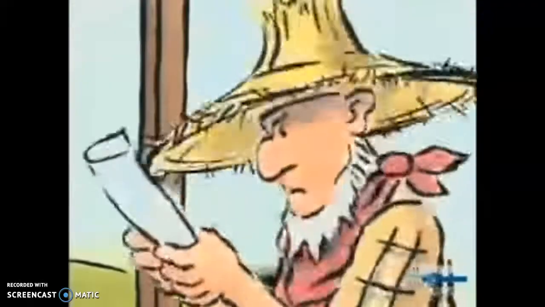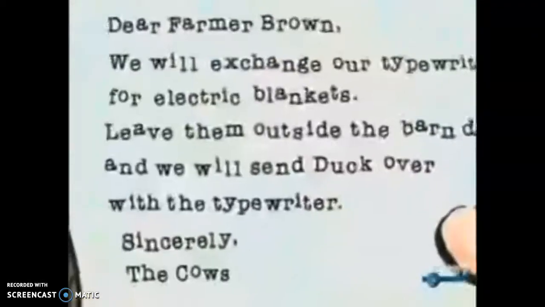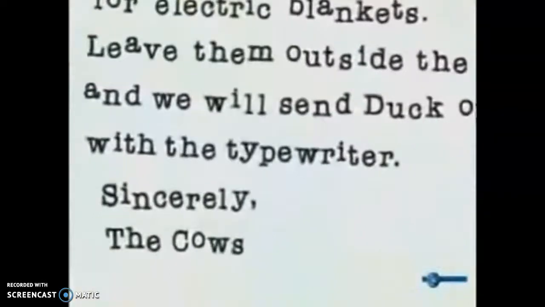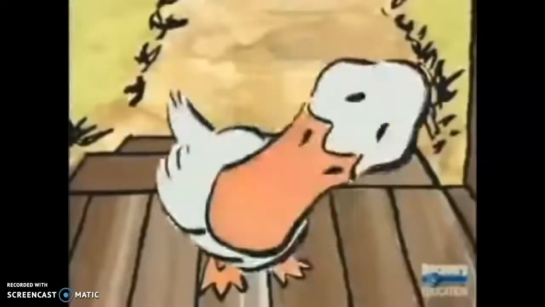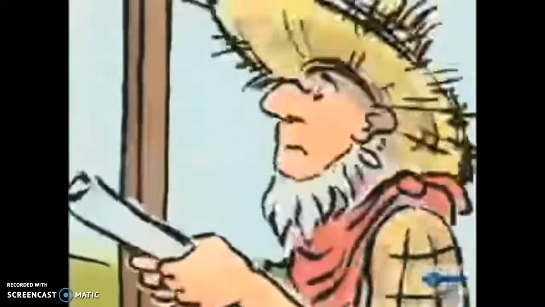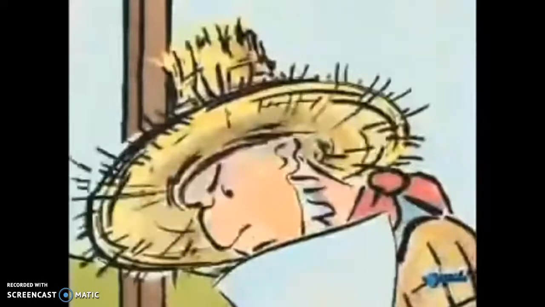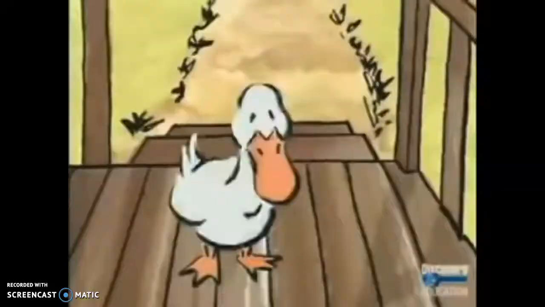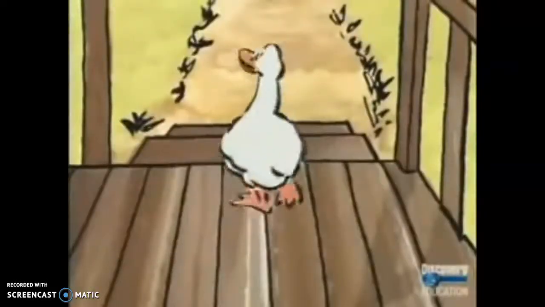Leave them outside the barn door and we will send Duck over with the typewriter. Sincerely, the cows. Farmer Brown decided this was a good deal. He left the blankets next to the barn door and waited for Duck to come with the typewriter.